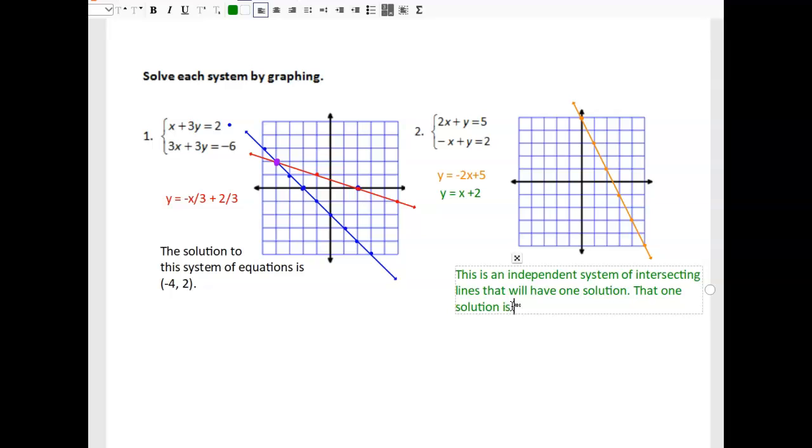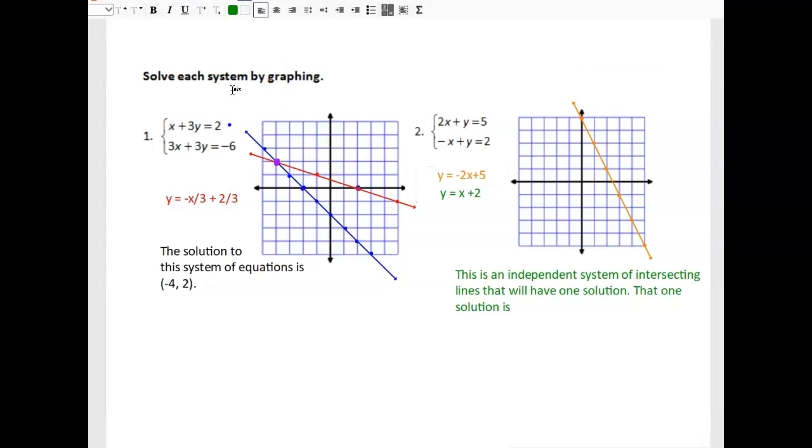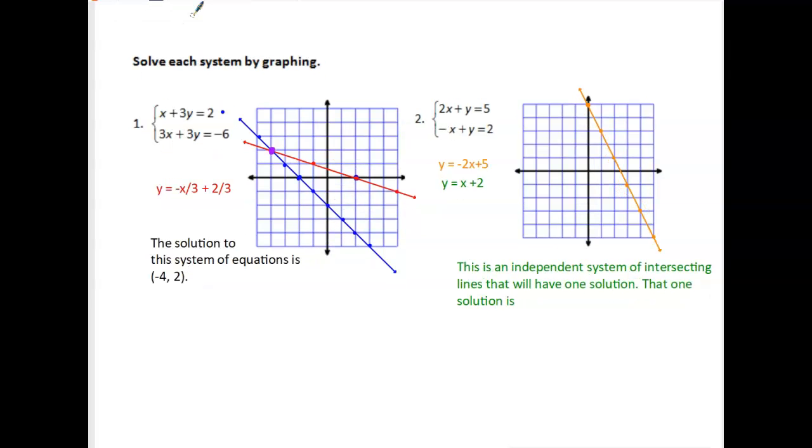is, upon graphing our green line, we are going to be able to see that the y-intercept is positive 2. My slope is positive 1.